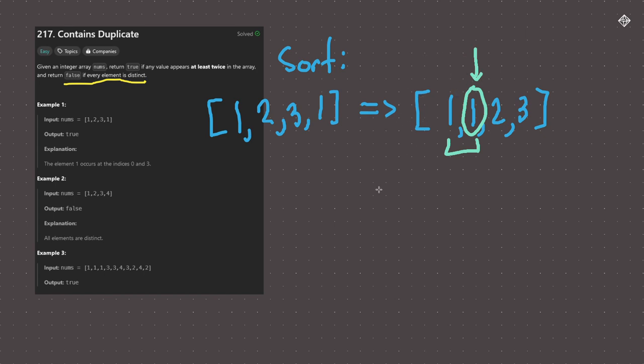So even if I gave a different example, something along the lines of like 1, 2, 2, 3, 3, for example.